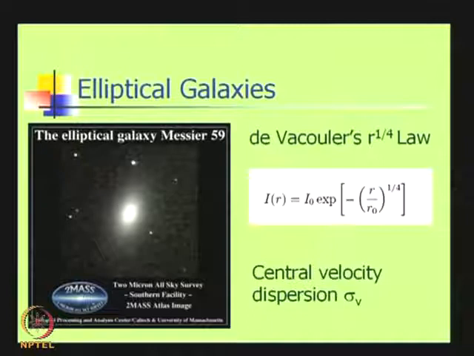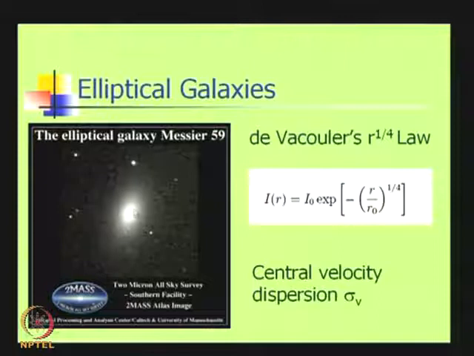So, let us first start off with elliptical galaxies. We have already learned that the distribution of specific intensity in an elliptical galaxy looks like an ellipse, and these are believed to be 3-dimensional ellipsoids.